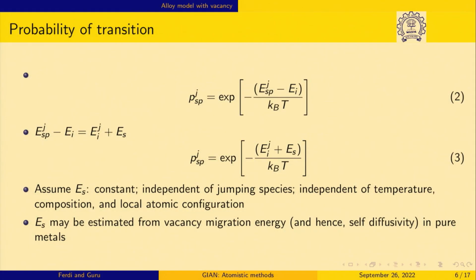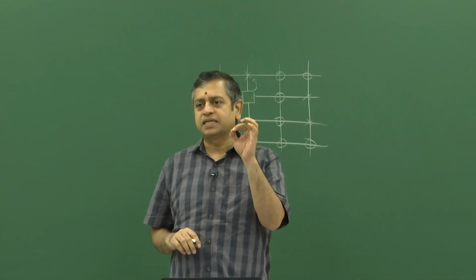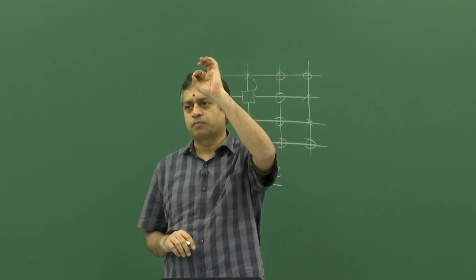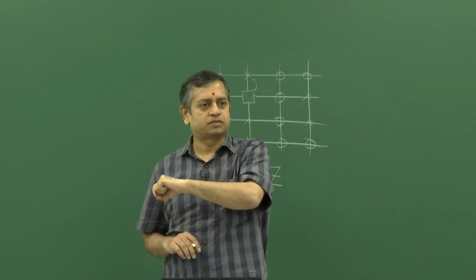And this is the probability, and there is also a figure in the paper to explain this. So, what is the probability of transition? Like Ferdi explained yesterday, we are assuming that if the atom gets enough energy to go to the saddle point, then it will drop.